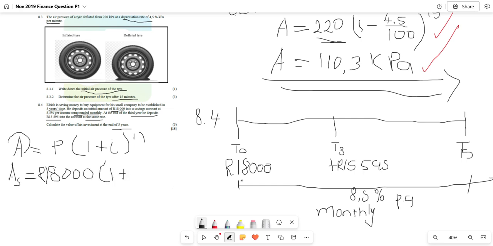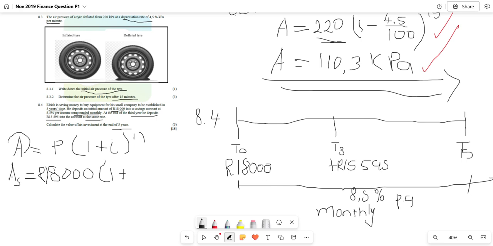From the 18,000 until T5, the interest rate is the same. There was no change in interest rate. Meaning if we have one interest rate, we are going to have one bracket for this particular amount. I'll repeat, one interest rate means one bracket for this amount because there was no change in interest rate. Then remember, there is a compounding period here, monthly.